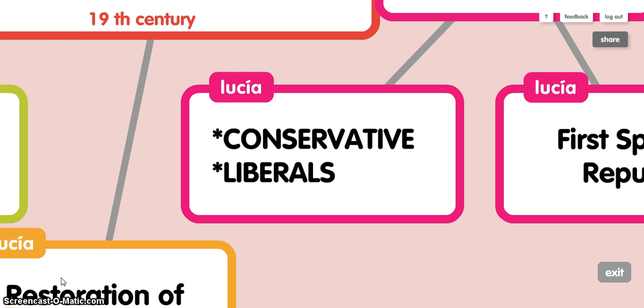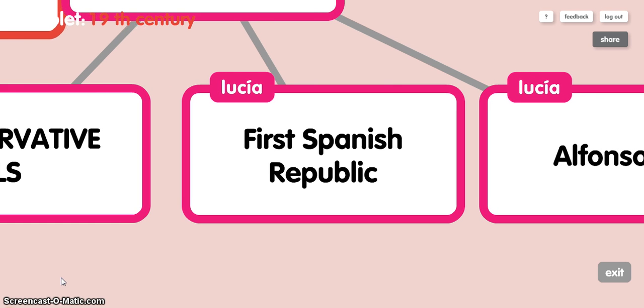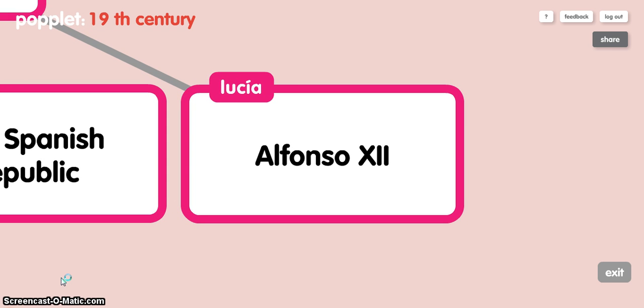In 1873, the First Spanish Republic was proclaimed, but it lasted less than a year. In 1874, the monarchy was restored under Isabel's son, Alfonso XII. Okay, this is all.